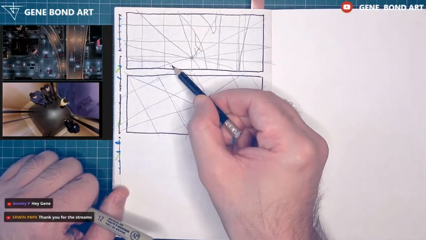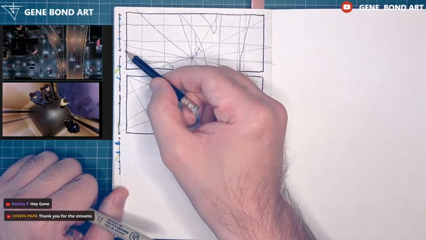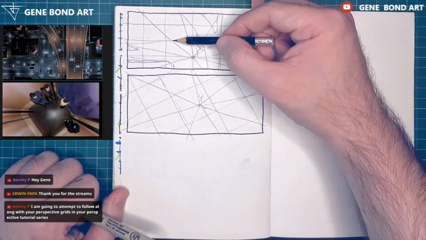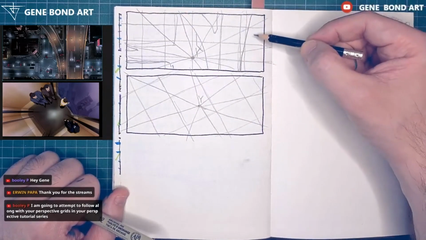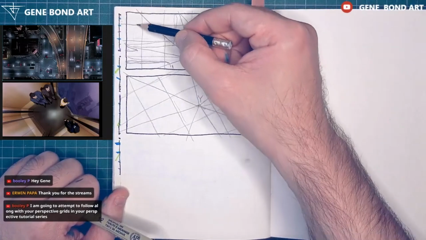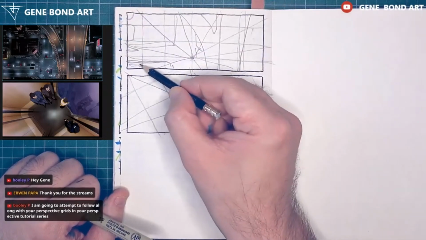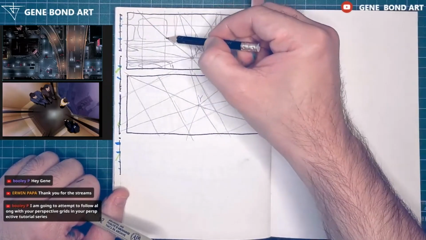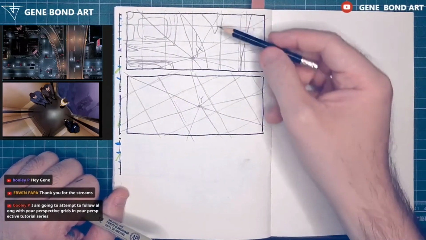Like here you see we have this geometry. So we have roads and buildings. And vehicles.